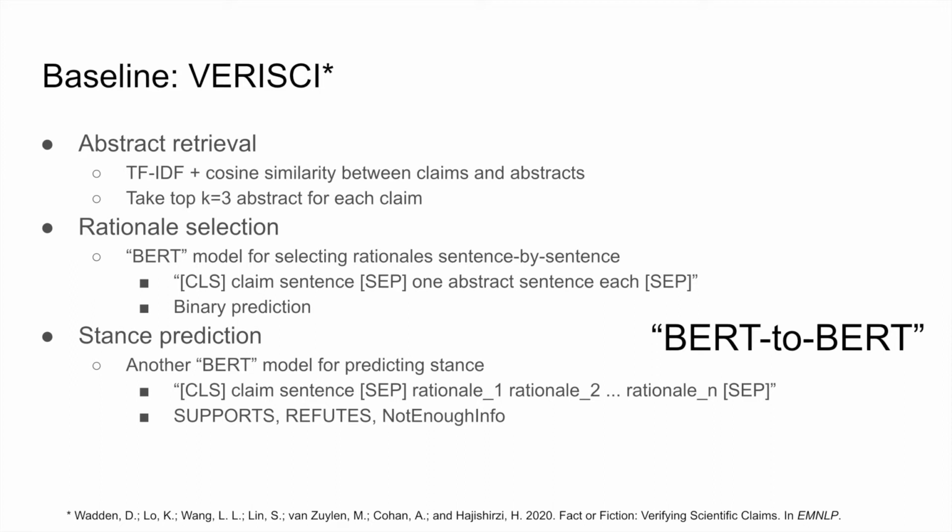They used a BERT model for selecting rationale sentences sentence by sentence. The inputs are the concatenation of the claim and each individual sentence from abstracts. For stance prediction, they trained another BERT to predict the stance label by concatenating the claims and all selected rationale sentences in a paragraph as the input.